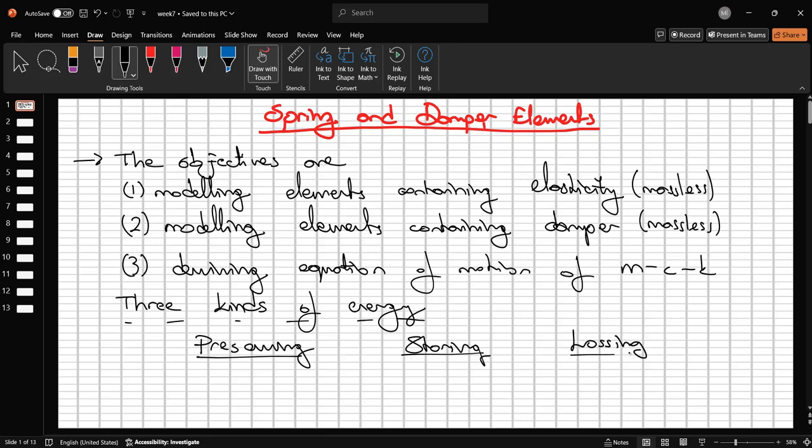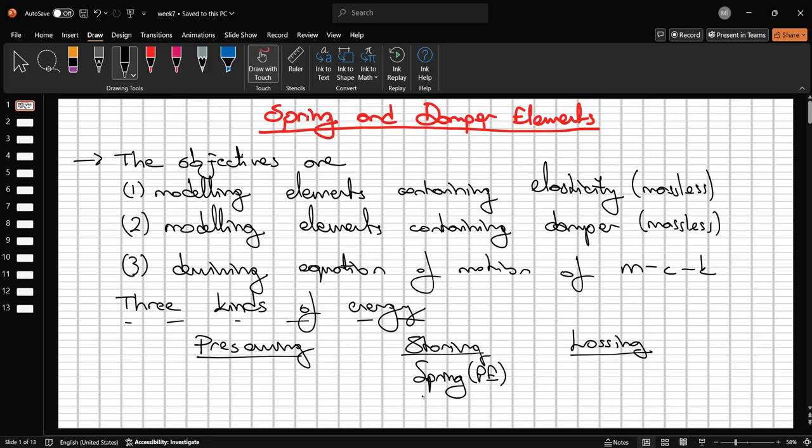Which components store the energy? Spring, damper, or mass? Spring, right? So the spring stores the energy, and it's a potential energy.